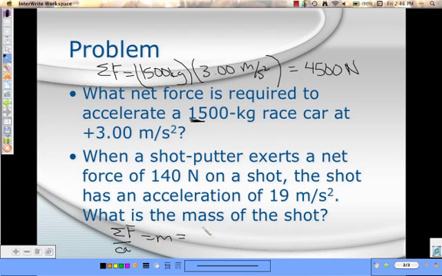So that would be equal to 140 divided by 19. What do we get? What is it?